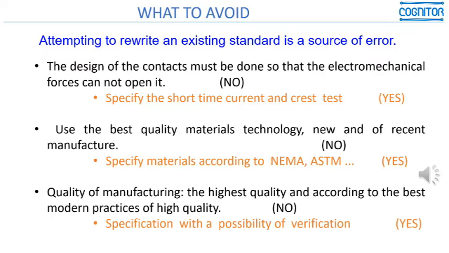Another very common wrong sentence is the following: quality of manufacturing should be the highest quality and according to the best modern practice of high quality. This is completely wrong to say because it's not verifiable. The correct is to put something like a specification with a possibility of verification, something referring to a test, to a standard where the test is prescribed, and so on.